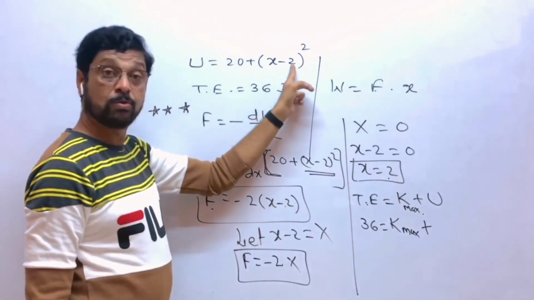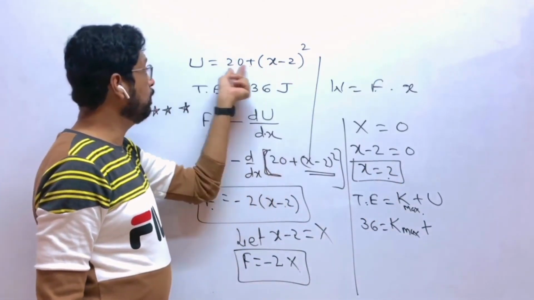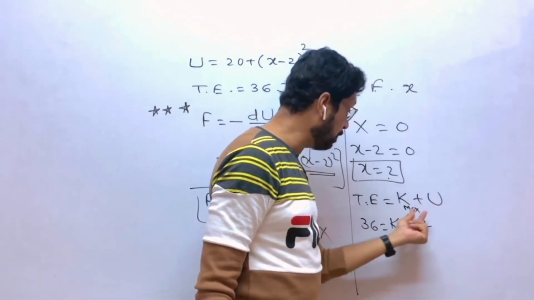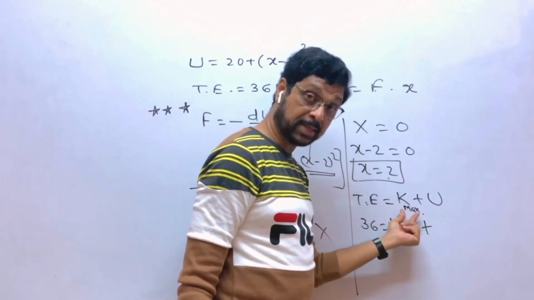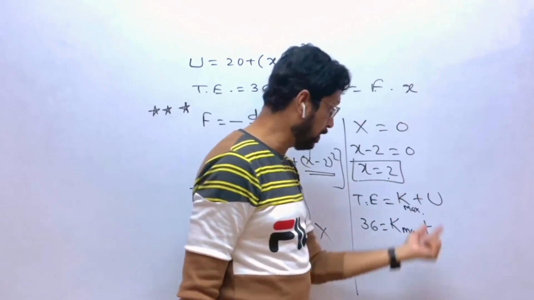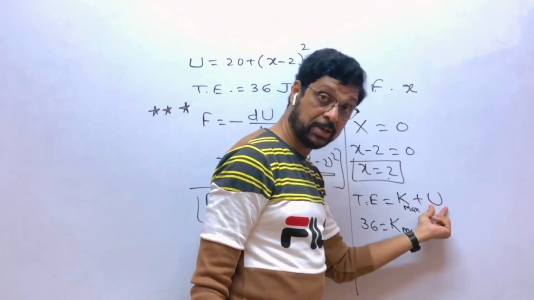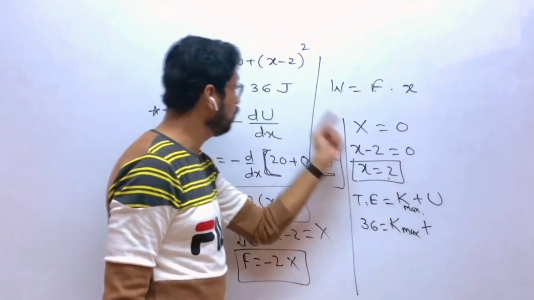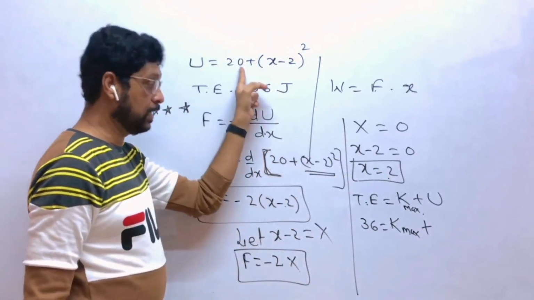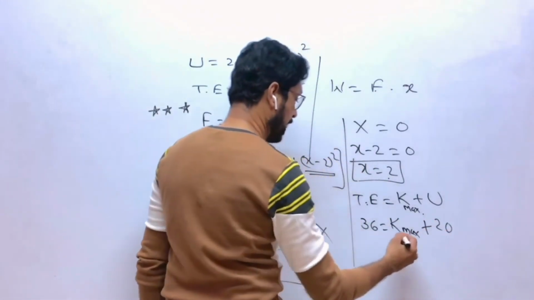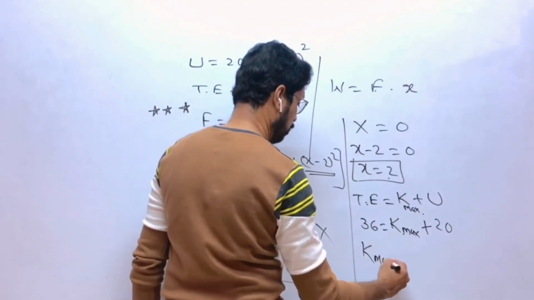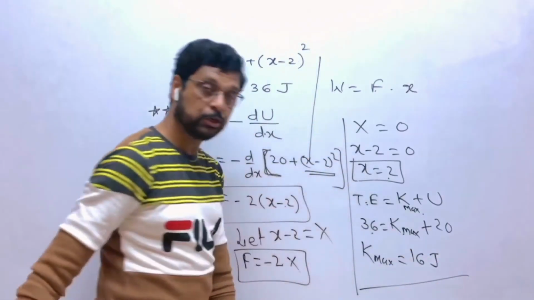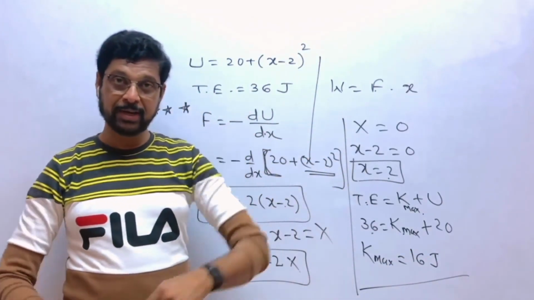So 2 minus 2, 0. So u will be 20, means the potential energy at the mean position. Kinetic energy is maximum at the mean position, so the potential energy there will be minimum. x is 2 at the mean position, 2 minus 2, 0, means potential energy is 20. So kinetic energy max will be equal to 36 minus 20, that is 16 joule. That will be your third answer.